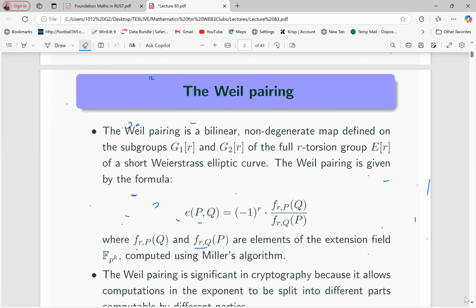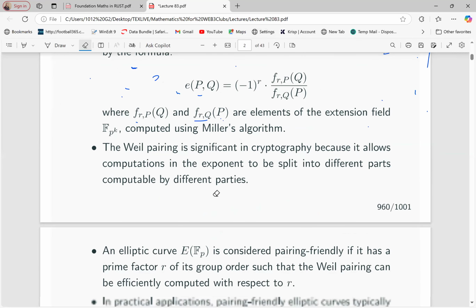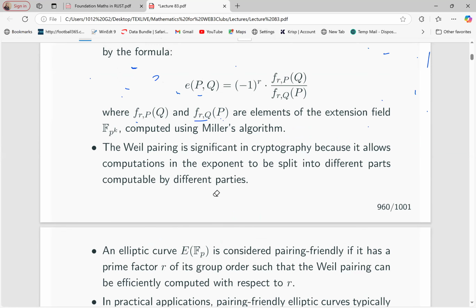So now, I've stated why Weil pairing is important in cryptography. And I've also stated why it's possible to do Weil pairing.